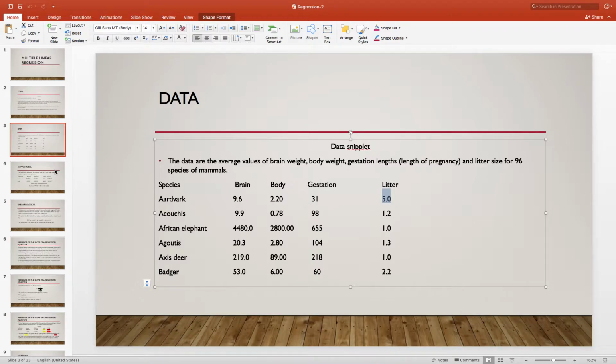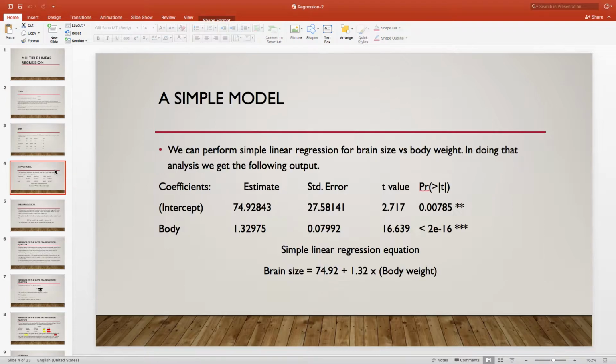So here's a simple model that we'd revisit from simple linear regression. And this is the output that I showed you from simple linear regression. One way to try and predict brain size is by the body weight. And your regression equation, remember, is formed from the estimate of the coefficients.